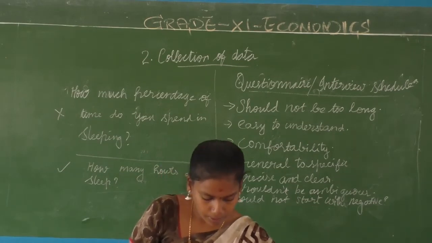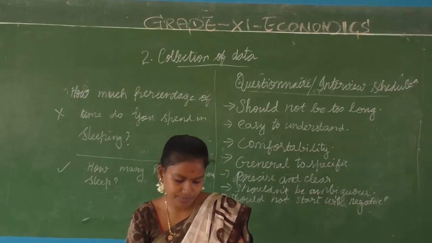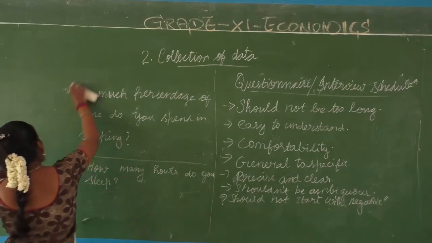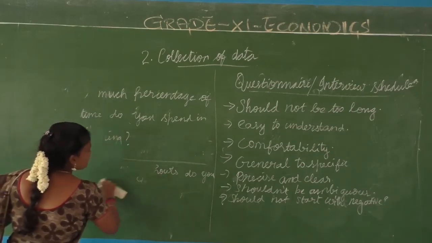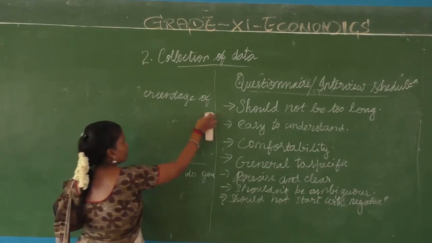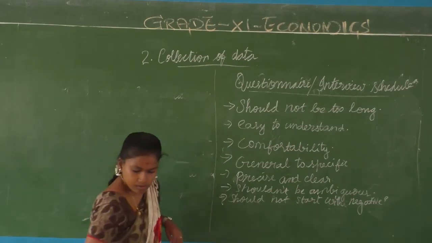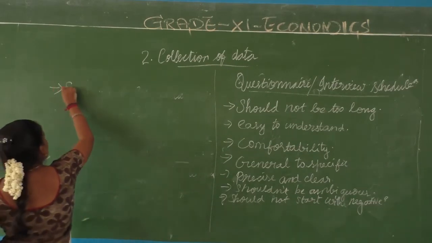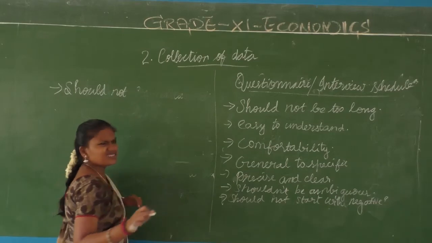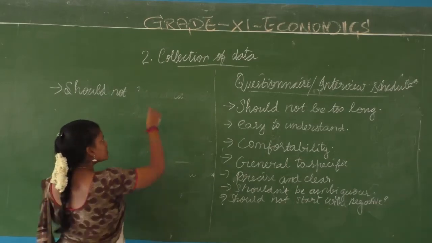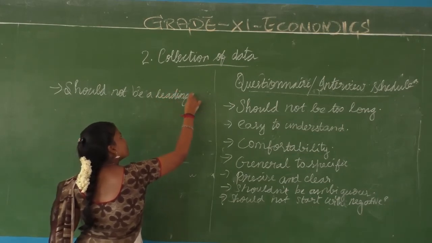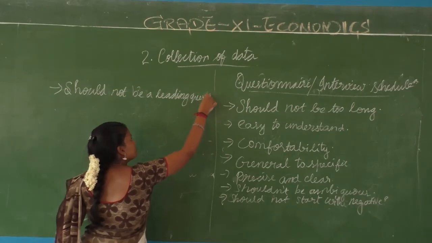Then you should note that it should not be a leading question. How in the sense? For the next question's answer, whatever is going to be asked next should not be told using your first question. You should not give the answer in the question.